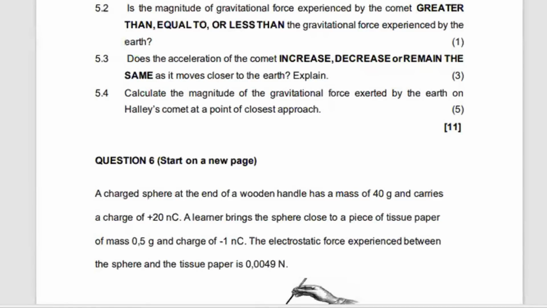They want us to state Newton's law of universal gravitation. So what we need to know about this law is that every object in the universe will experience a force of attraction or repulsion.